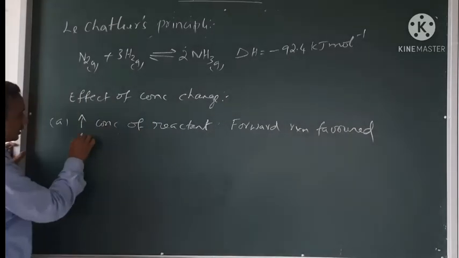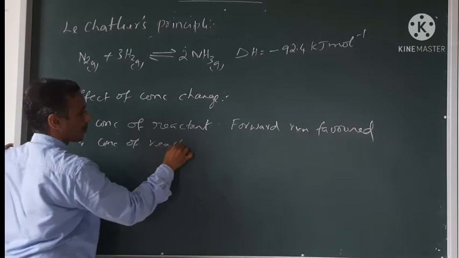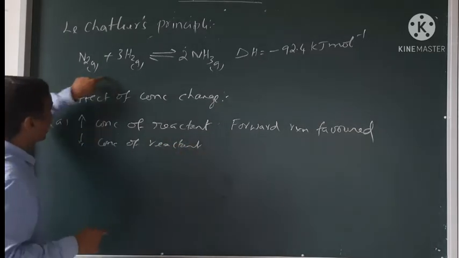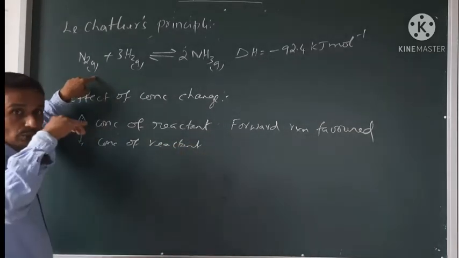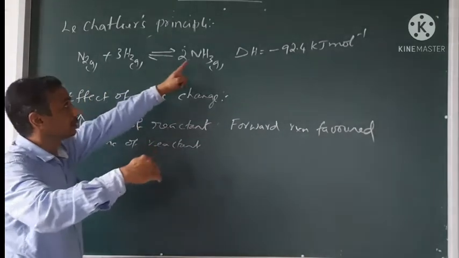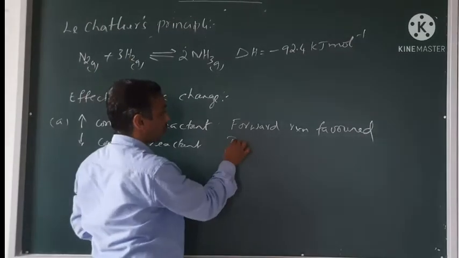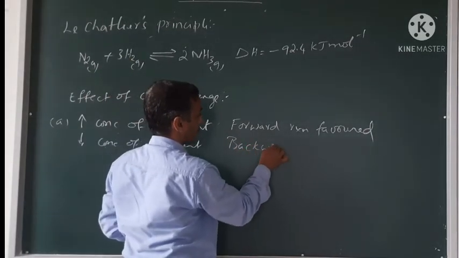Whereas, if the concentration of reactant decreases, see, I am decreasing it, to bring it back to the earlier state, the decomposition of the ammonia is favored, which means backward reaction is favored.